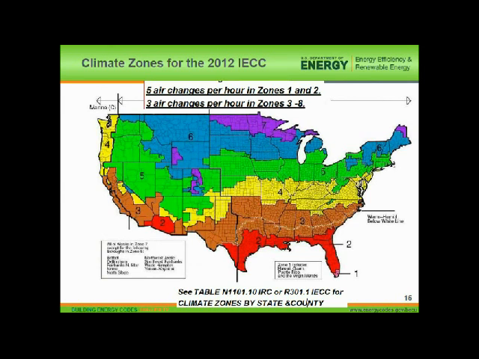And this is the code map. Once again, 5 air changes in the pink and red, and 3 air changes for the rest of the country. So it is climate zone by state and county, so you might want to check that.